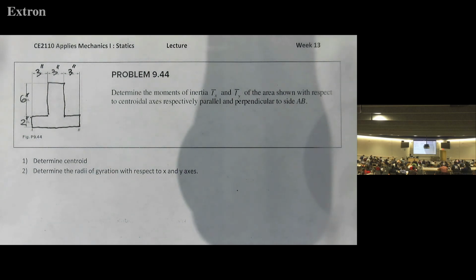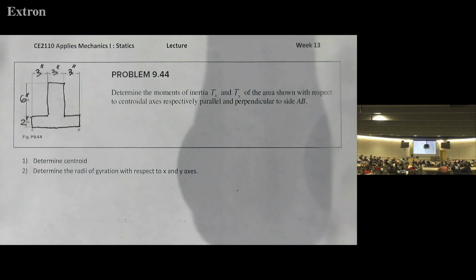So this is 3, 3, 3, and then 6 and 2, and determine the moments of inertia Ix bar and Iy bar of the area shown with respect to the centroidal axes, respectively parallel and perpendicular to side AB. So side AB is this one, and we need to find the centroidal axes.